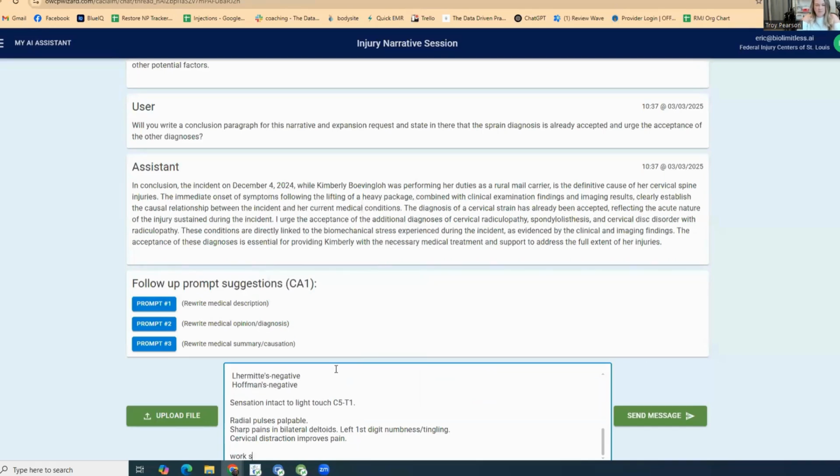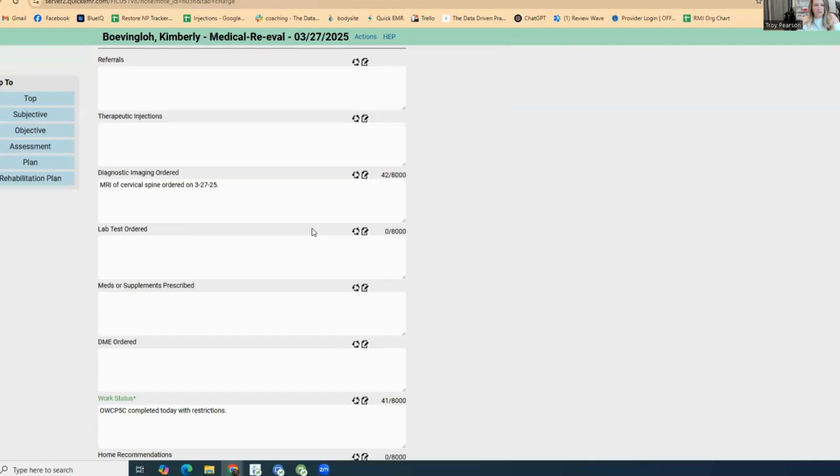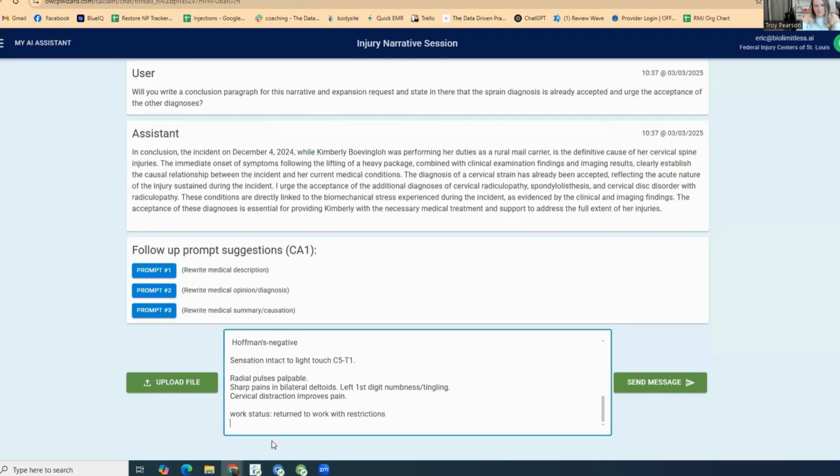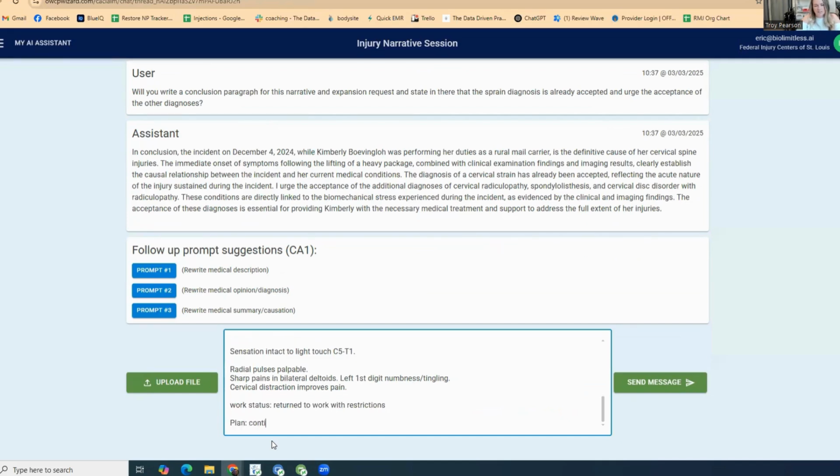And then I'm going to do her work status, which means she's returned with restrictions. I'm going to put the plan in, which is to continue with ordered PT, and MRI of cervical spine ordered today due to radicular symptoms.